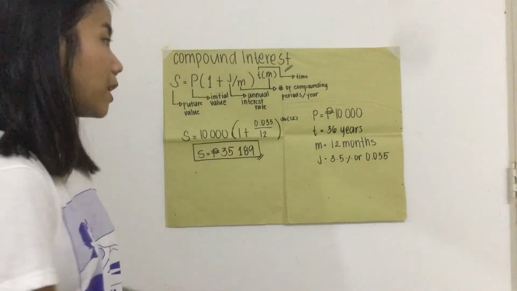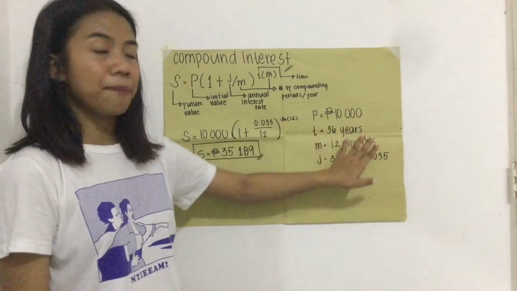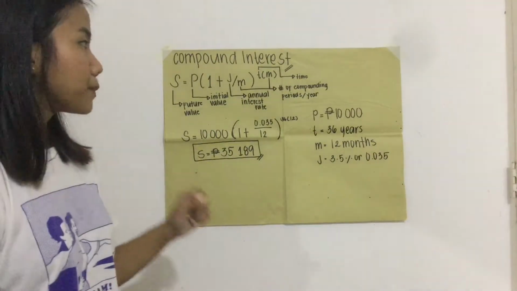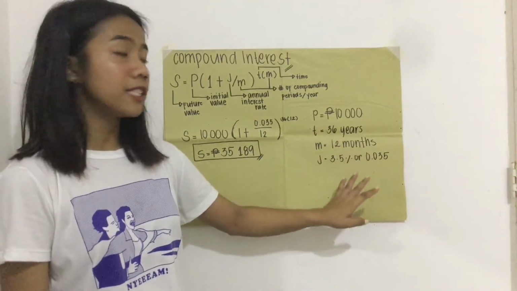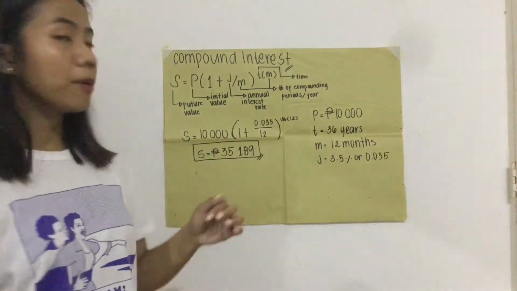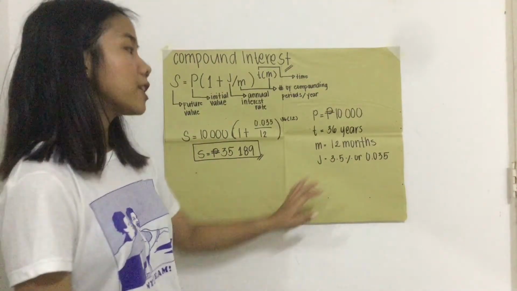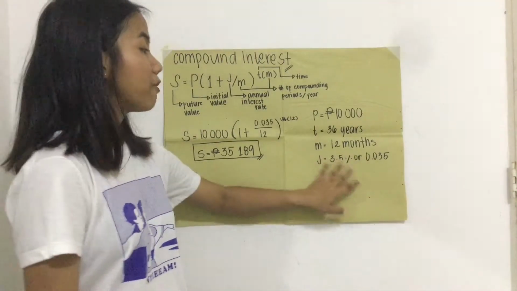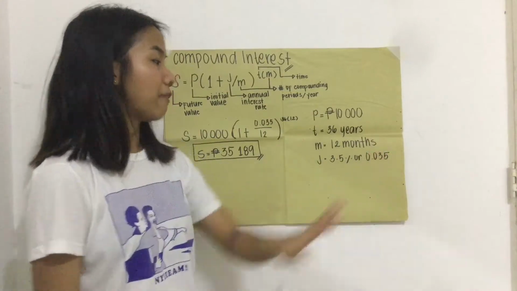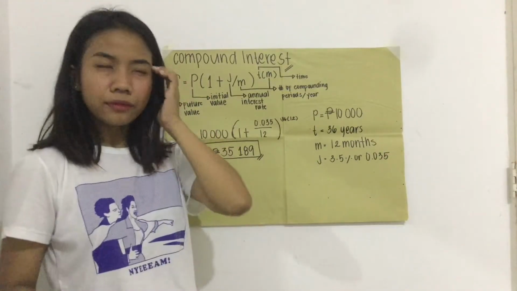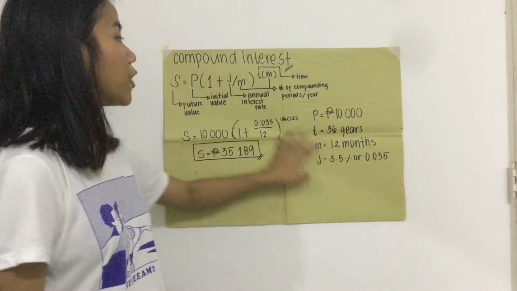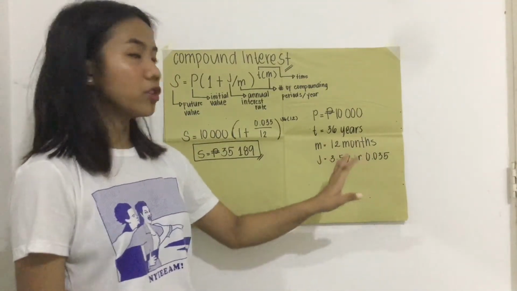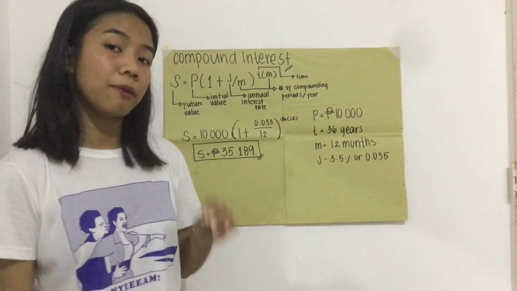Based on my problem, our P, the initial value, is 10,000 pesos. Our time is 3 years, or 36 months. Our number of compounding periods per year is 12 months. And our annual interest rate is 3.5%, or 0.035. When we solve for compound interest, we're going to change 3.5% into a decimal.